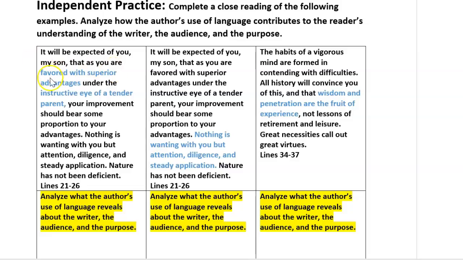Notice that the highlighted text in blue is what you're zooming in on. How does the word choice in this highlighted text reveal the writer's beliefs and needs, the audience's beliefs and needs, and the purpose? You may now pause the video and attempt number 1.